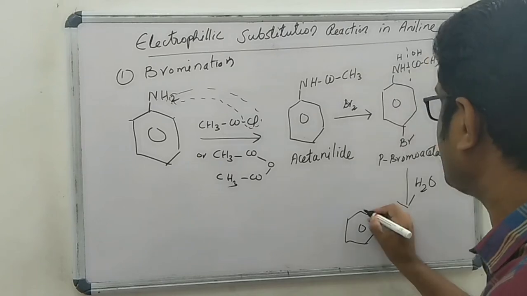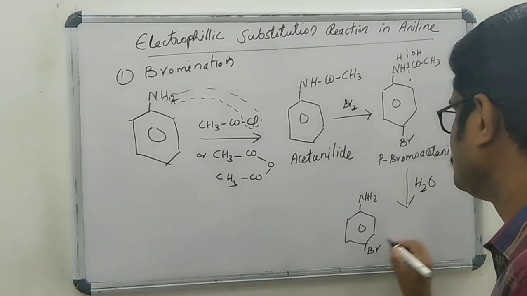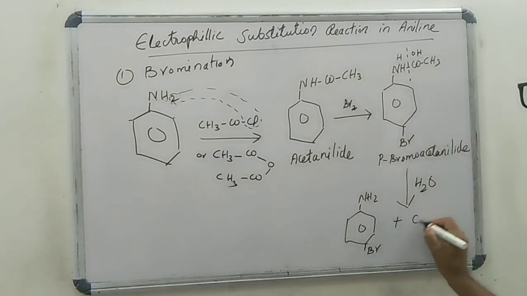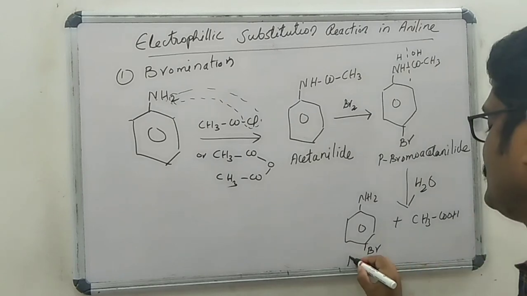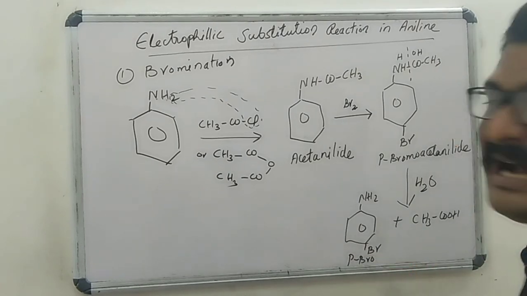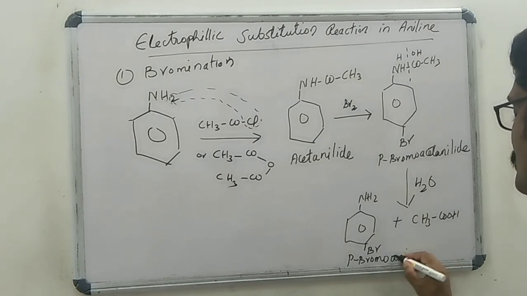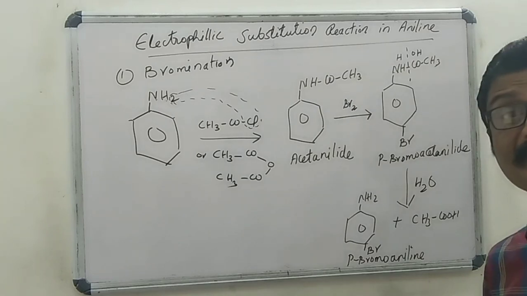NH becomes NH2, with Br, plus CH3COOH. Then here the para bromo aniline is formed as the major product.